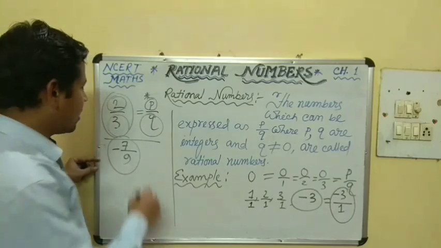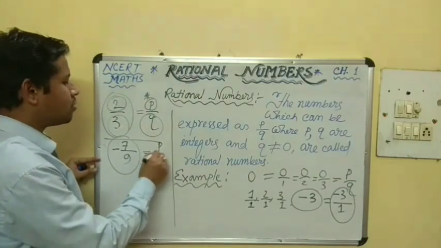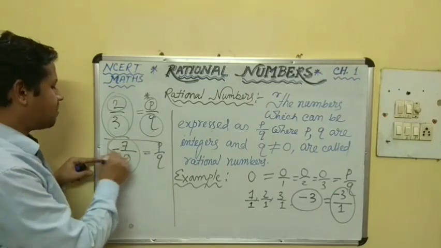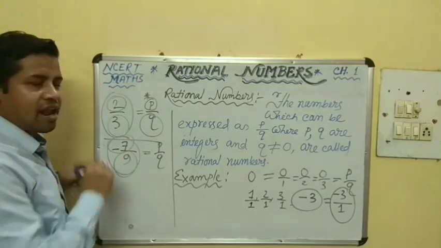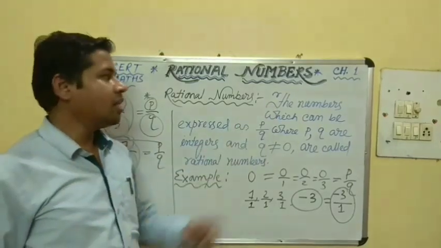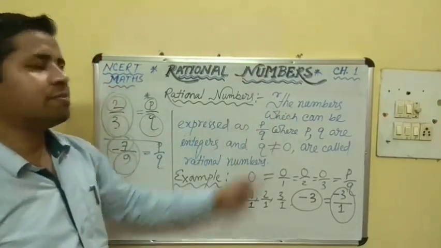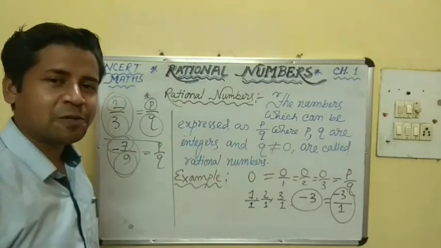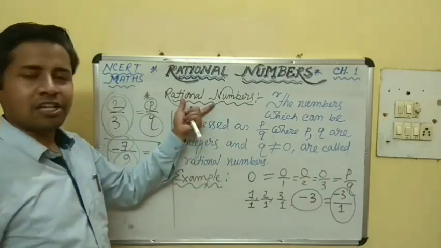Of course, because it can also be represented as P by Q, where P is minus 7 and Q is 9. Both are integers. According to the definition, the numbers which can be expressed as P by Q, where P and Q are integers and Q not equal to 0, are the rational numbers.